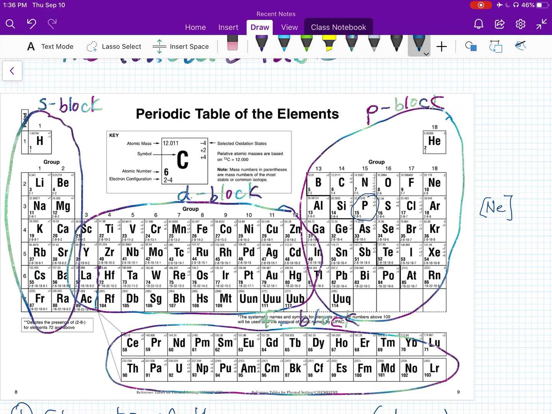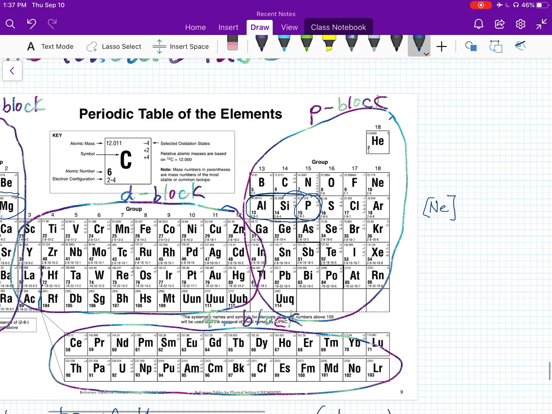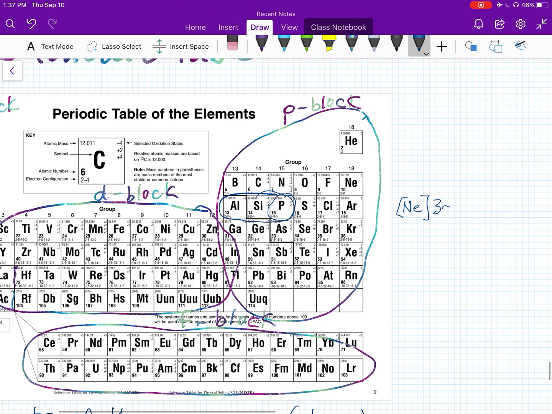Then, this is the third row, so its valence configuration is going to be 3s2 and then 3p3, because we're going to have those 3 electrons in the 3p sublevel. So this would be the electron configuration for phosphorus that we would expect to see.